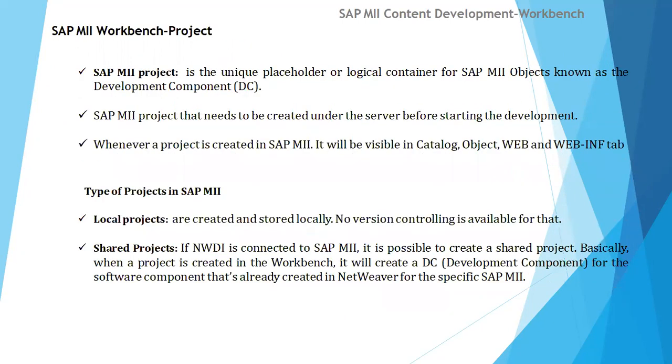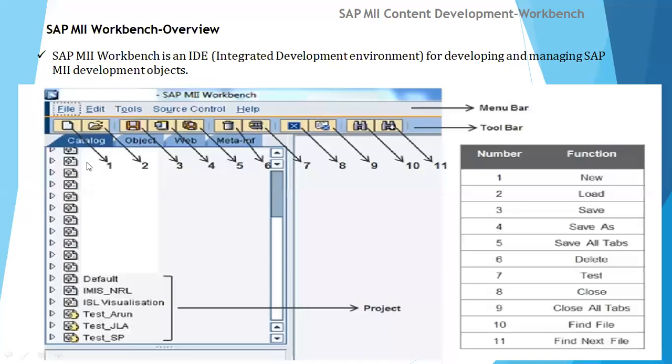So now coming to SAP MII Workbench, what all objects can be created? The first, and this is the initial object you will create in SAP MII Workbench, is known as a project. If you see here, all these are projects. All the icons you are seeing here, this icon is for projects. The default one provided by SAP itself is IMIS underscore NRL.